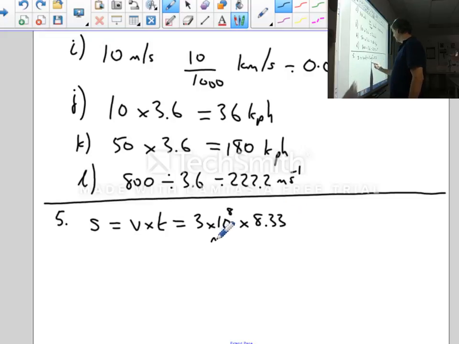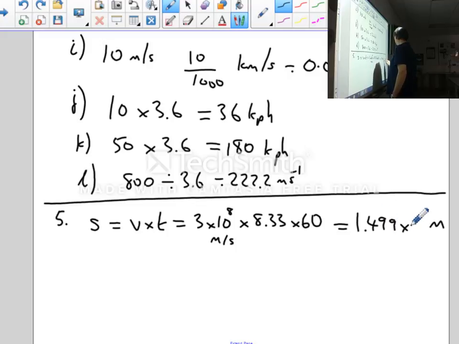Now this is in metres per second, so we must change from minutes to seconds as well. We need to times that by 60, because it's 60 seconds in a minute. If you multiply those together, you'll get how far away it is in metres. So that's a long way away in metres.